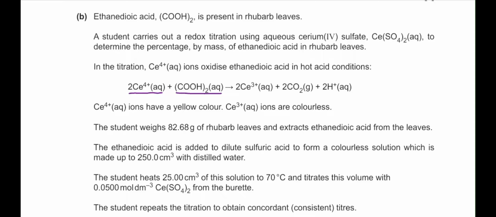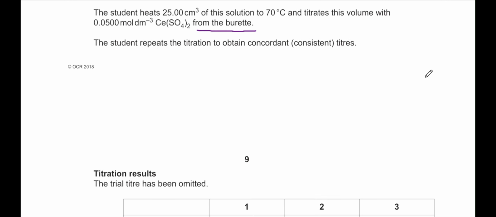The student heats up 25 cubic centimeters of this solution to 70 degrees centigrade and titrates this volume with 0.05 moles per dm cubed Ce(SO4)2 from the burette. The student repeats the titration to obtain concordant titers.